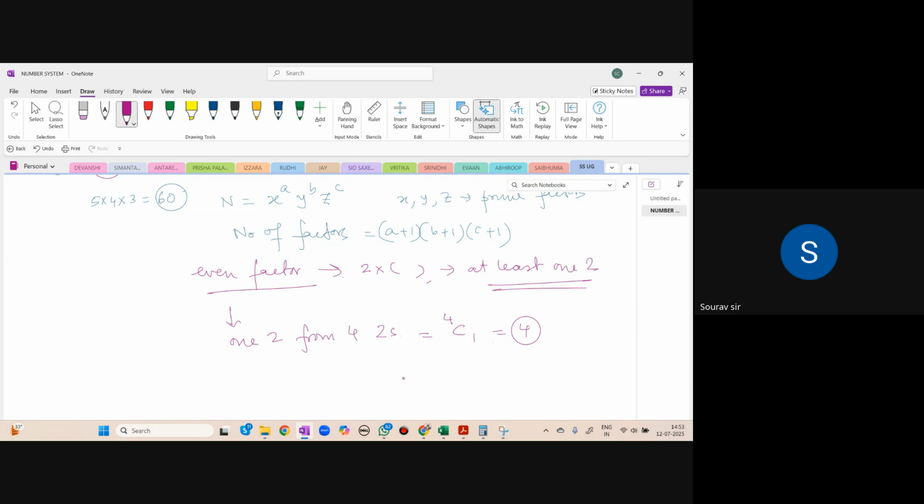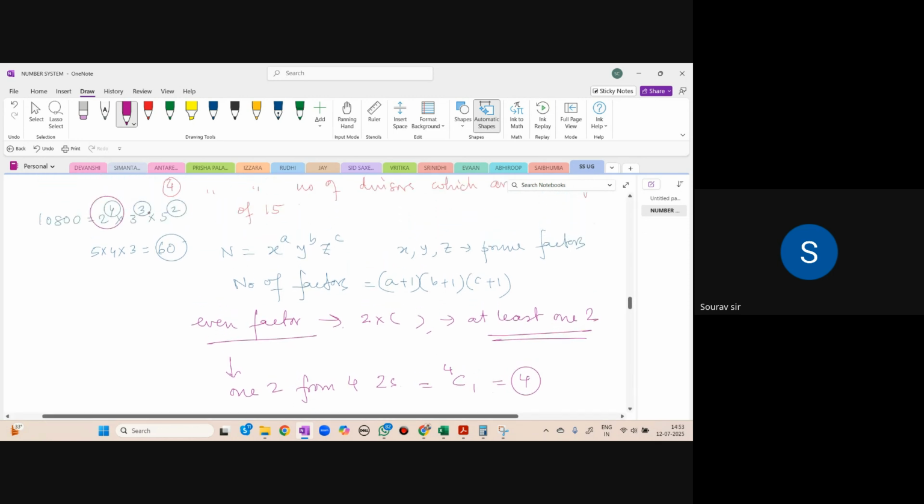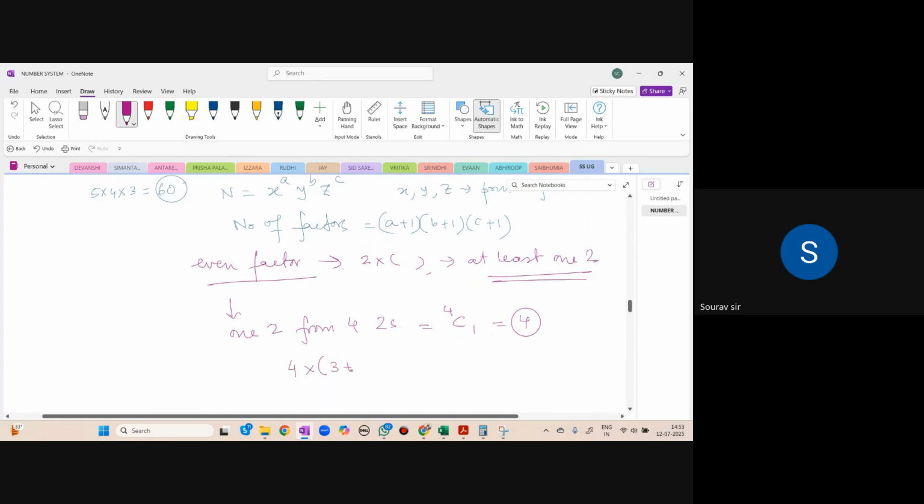With this 4, you multiply (3 plus 1) into (2 plus 1), for 3 to the power 3 and 5 to the power 2, which is 4 into 4 into 3, which is 48. So there are 48 even factors out of the total 60 factors.